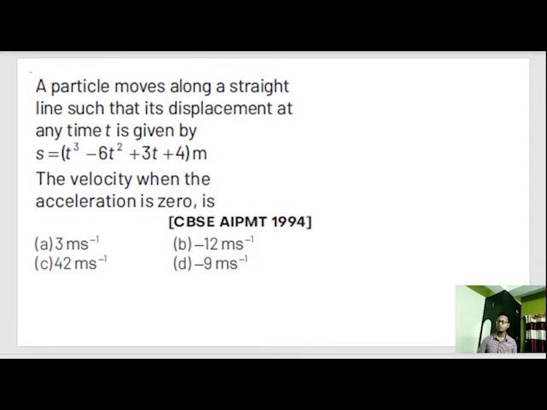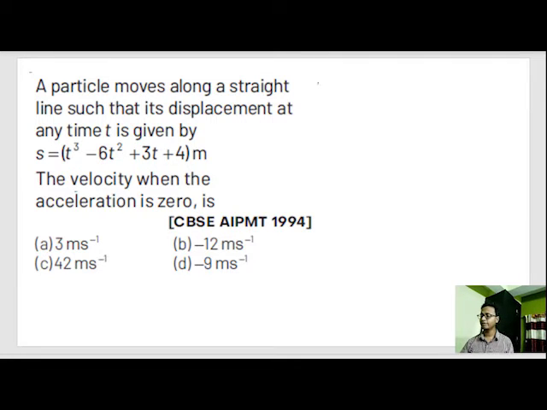A particle moves along a straight line such that its displacement at any time t is given by s is equals to t cube minus 6t square plus 3t plus 4. The velocity when the acceleration is 0. That means they are asking to find out the velocity when the acceleration is 0.